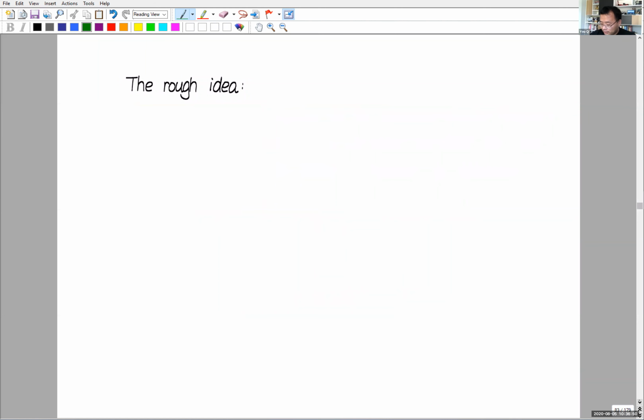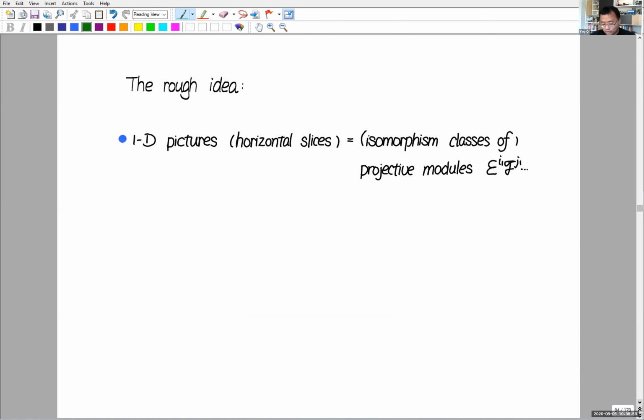So therefore, let me just give you an impressionistic point of view of what categorification is. The rough idea is, we'll have two-dimensional pictures like diagrams, and each horizontal slice will be an isomorphism class of modules EIFI. That will be the one-dimensional story of the quantum group. So the old quantum group is a horizontal slice you see in the pictures.